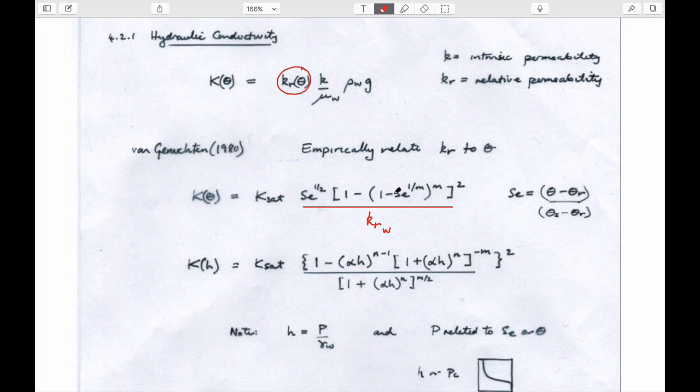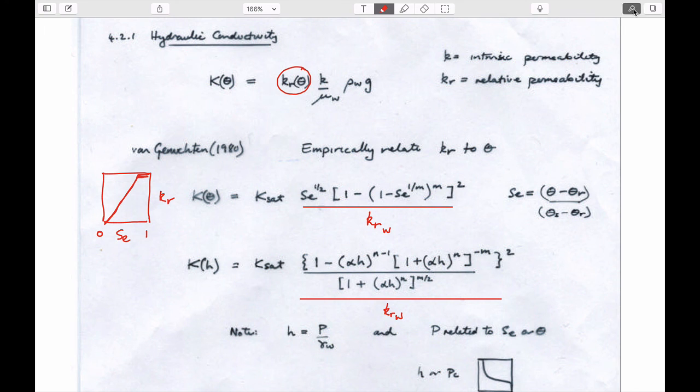We can define it in terms of effective saturations, or we could define it in terms of heads. This is probably the most obvious one for us, right? Because we've talked about these curves as looking something like effective saturation between 0 and 1, a relative permeability that looks something like this in a very simple way.